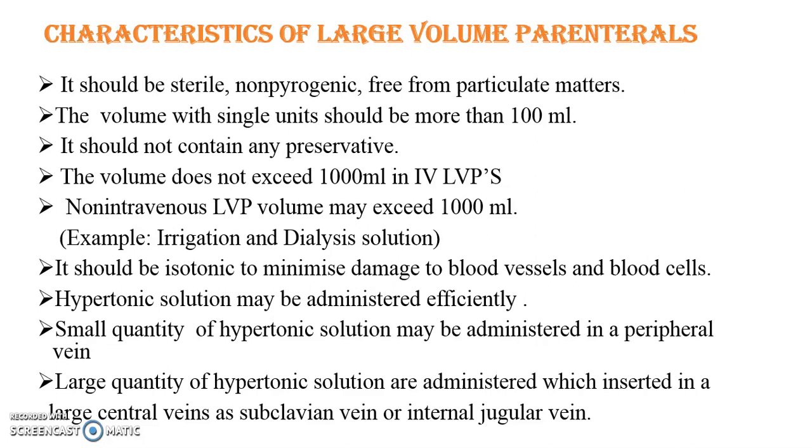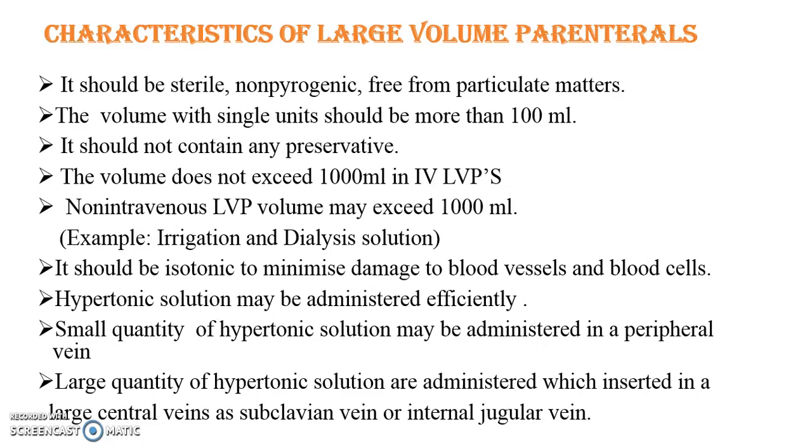Then it should be isotonic to minimize the damage to the blood vessel as well as the blood cells. Everybody is familiar with isotonicity, hypotonicity and hypertonicity. A hypertonic solution may be administered efficiently as LVP. A small volume of hypertonic solution will be administered in a peripheral vein.